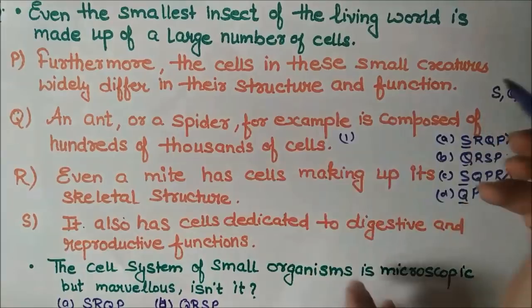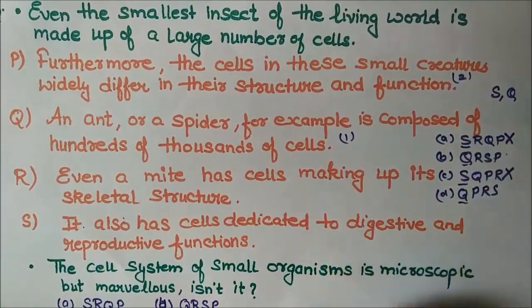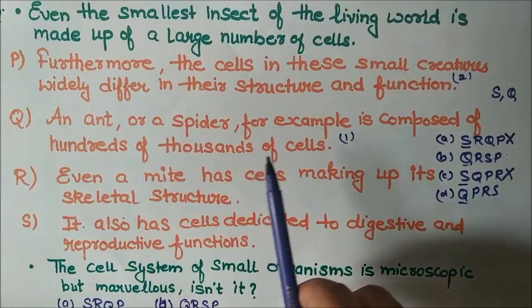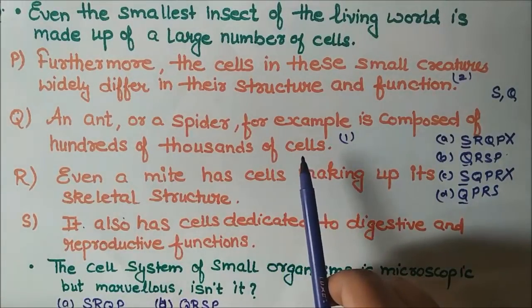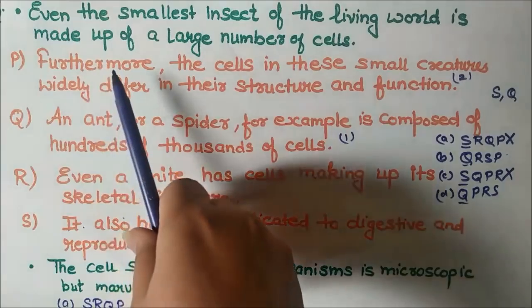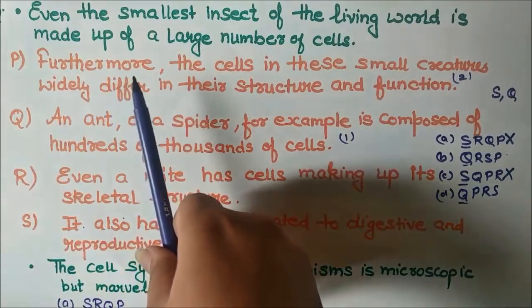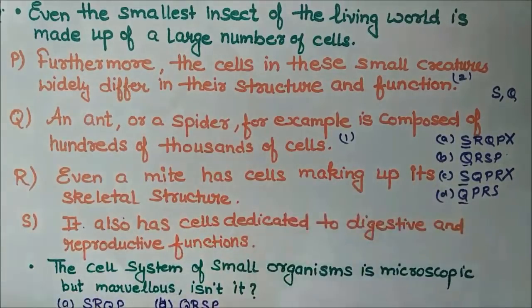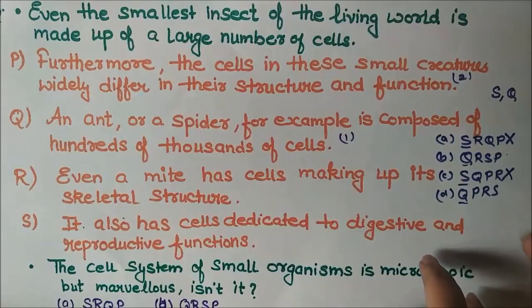I think I should go with P. Why P? Because here we have discussed the composition of cells in a small organism, and we are further discussing, "furthermore, the cells in these small creatures widely differ in their structure and functions." So I should go with P.